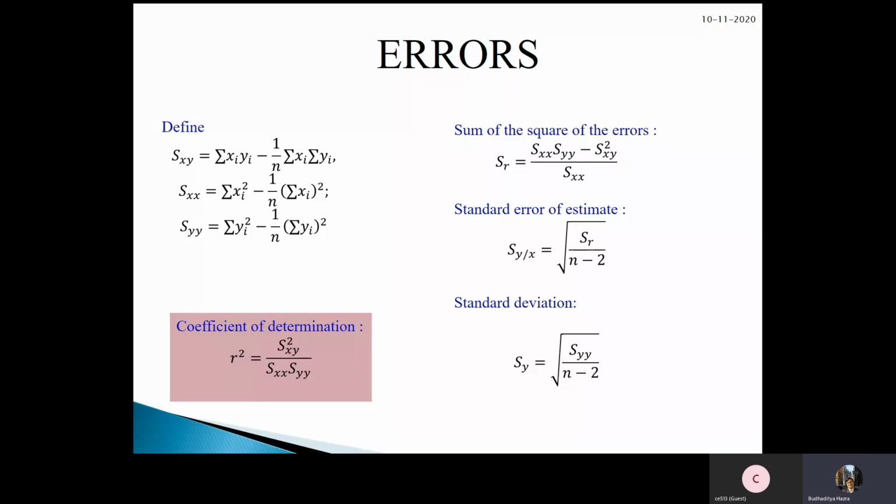And for nonlinear models, the linear correlation coefficient that we have understood from statistics and probability is not defined. That's the reason why we sometimes refrain from using the word correlation coefficient. Rather, we use coefficient of determination.